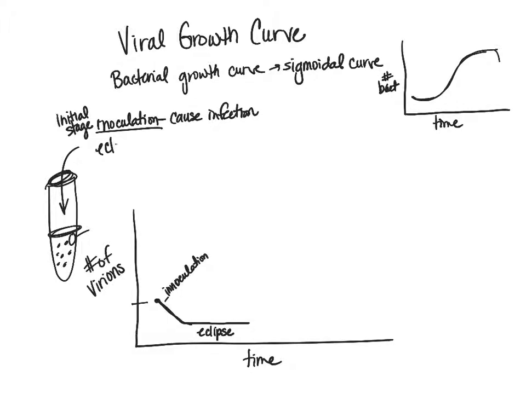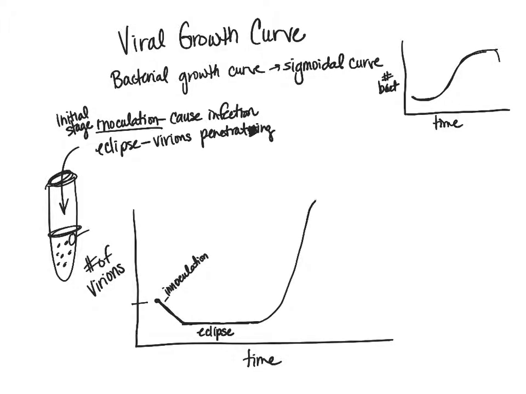In eclipse, what we see is that these virions are penetrating the cells, so they are getting inside of the cells, and we see a low number of virions in the solution. They're in the cell, and they're going to hang out there for a little while because they're hijacking the cell's machinery, taking it over, making copies of themselves, assembling those copies, and then we have what's called the burst.